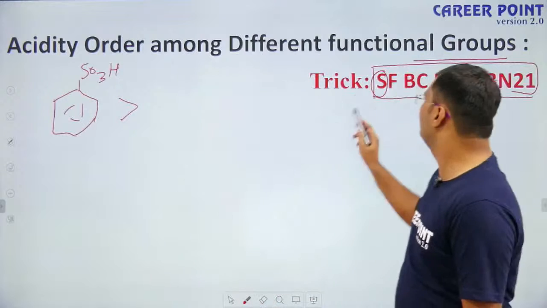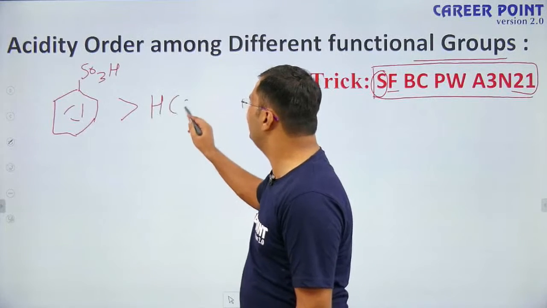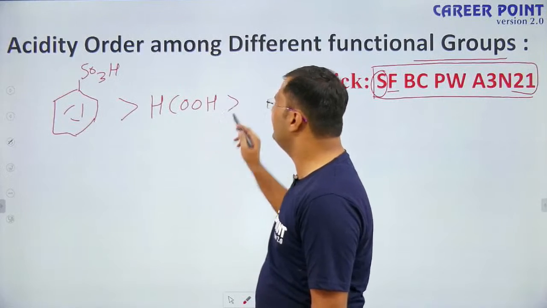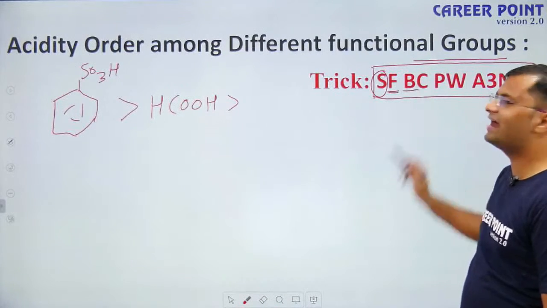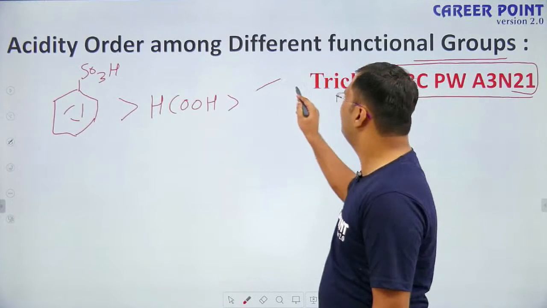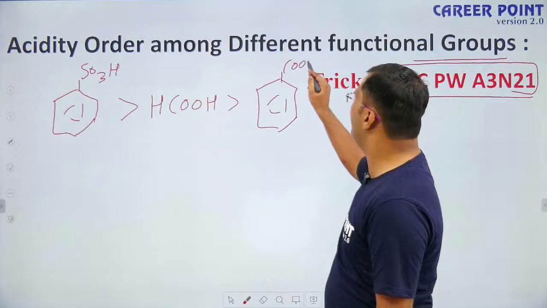Second, F for formic acid, HCOOH. After that we will write benzoic acid, as COOH.